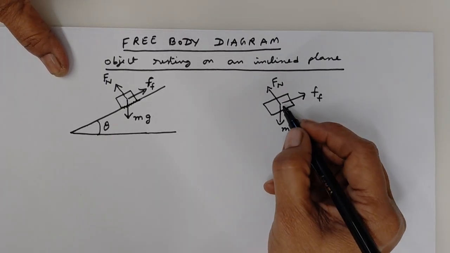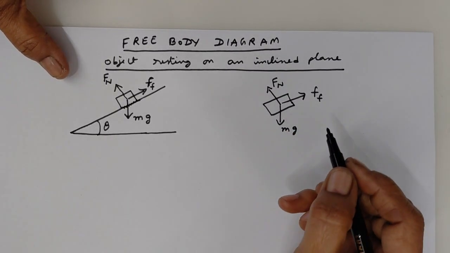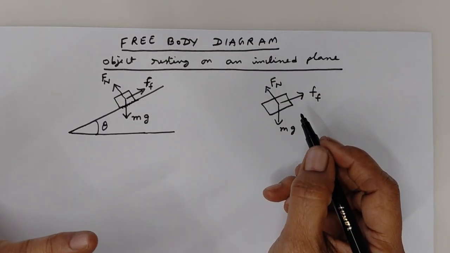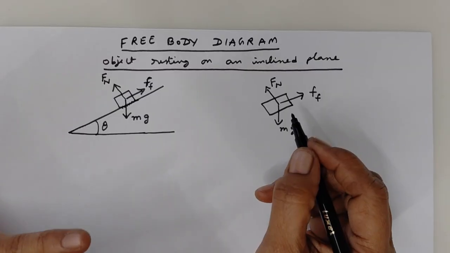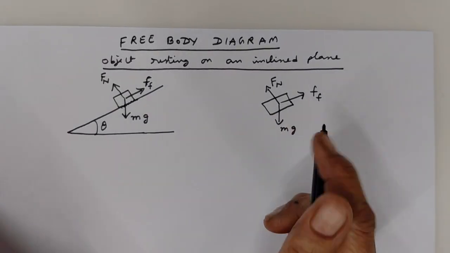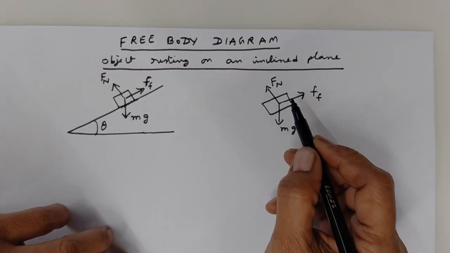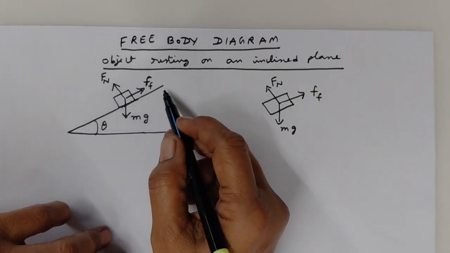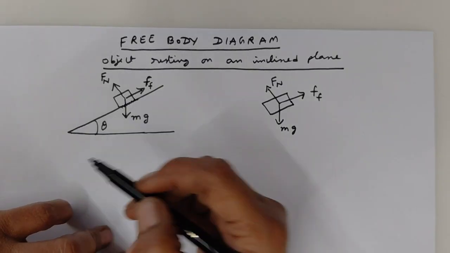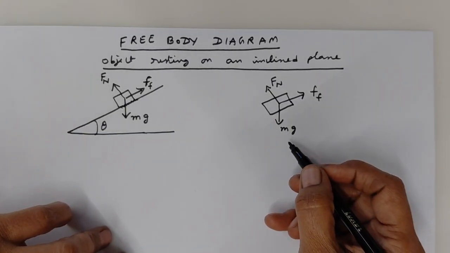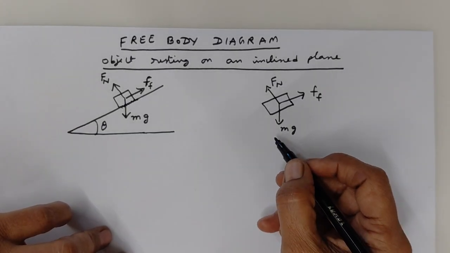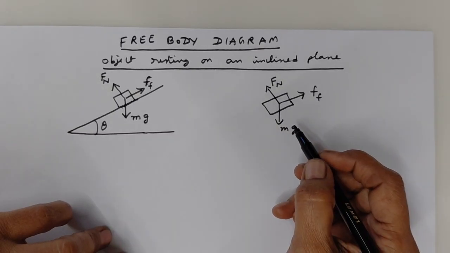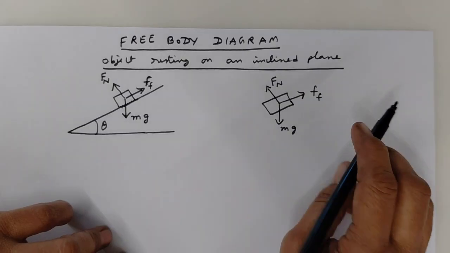For us to easily analyze the forces, it is always better to have all the components of forces in two perpendicular directions. So here we already have two forces, Fn and Ff, which are perpendicular and parallel to the inclined plane. So let us also resolve this weight mg into two components, one perpendicular to the plane and the other one parallel to the plane.